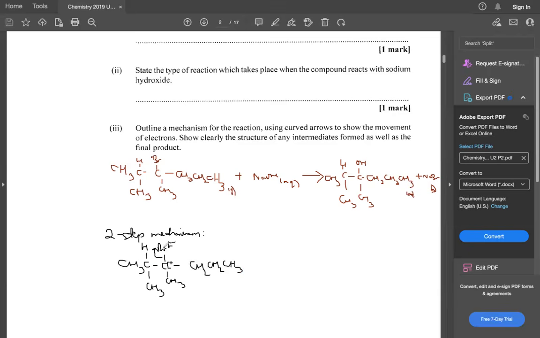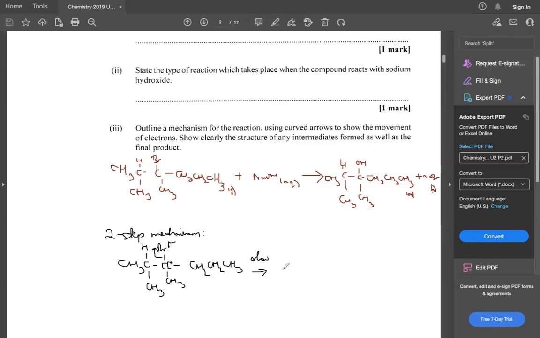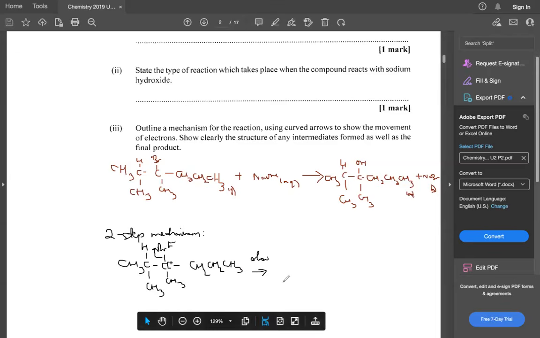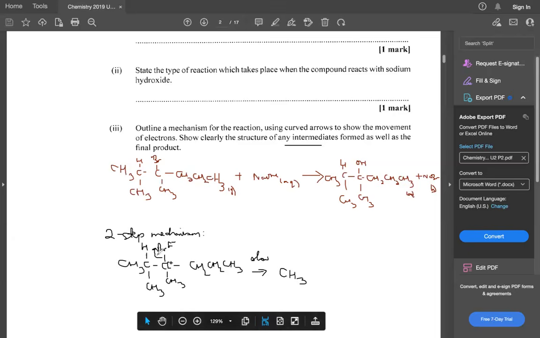That's a slow step, which will translate into this intermediate here. Remember, they said that we should show our intermediate. So this is our intermediate that we form once the bromine has taken all the electrons from the bond to itself.